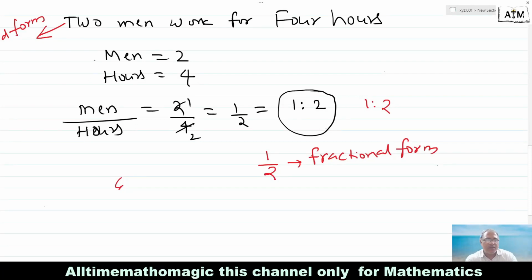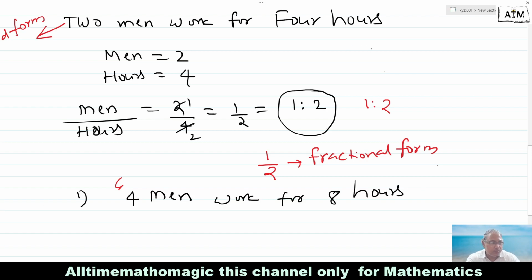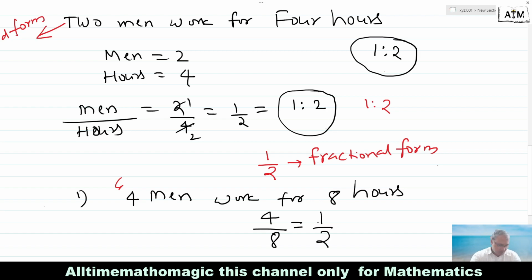Here in the first sentence, two men work for 4 hours. If I write the sentence like this, 4 men work for 8 hours. So from the first one, what is the ratio? The ratio is 1:2. And in the second sentence, 4 men working for 8 hours, that ratio is also 1 upon 2.